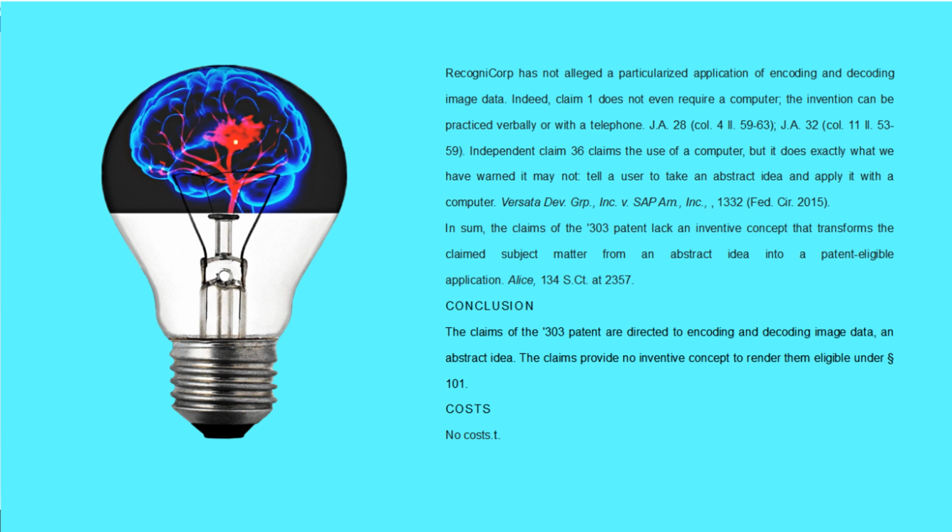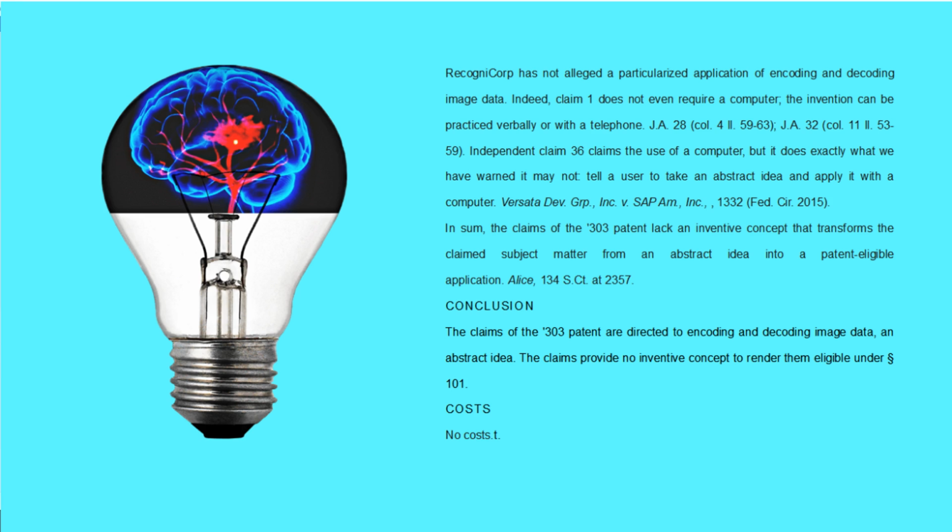Independent Claim 36 claims the use of a computer, but it does exactly what we warned it may not: tell a user to take an abstract idea and apply it with a computer. Versata Development Group Incorporated versus SAP America Incorporated.